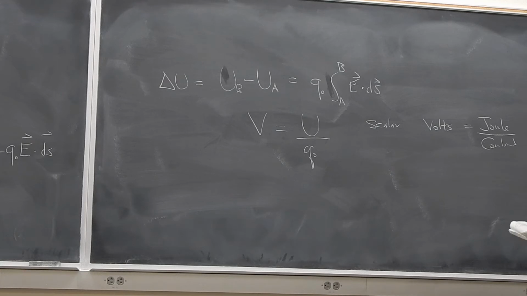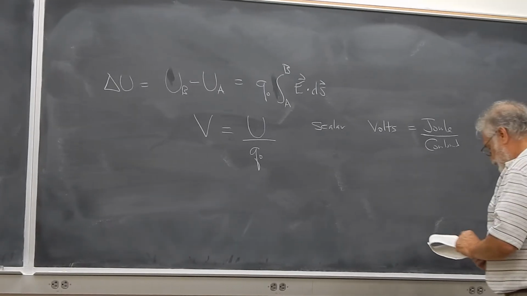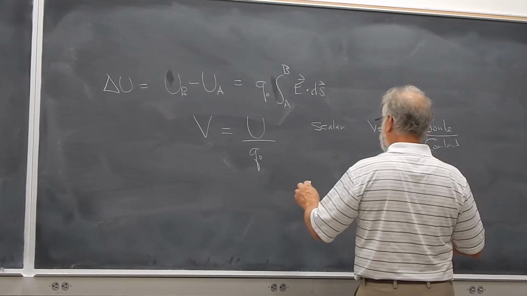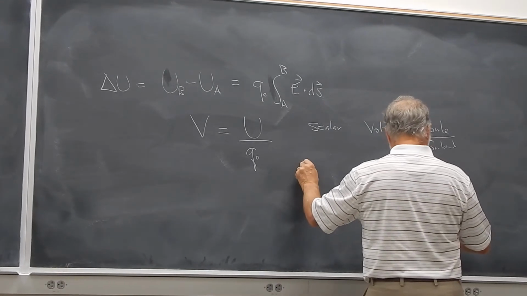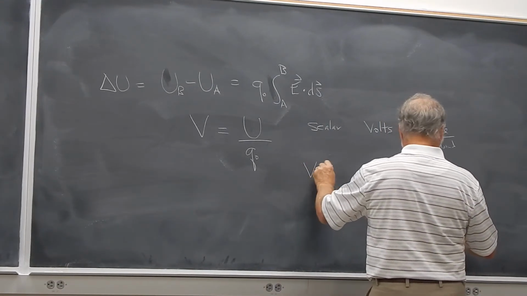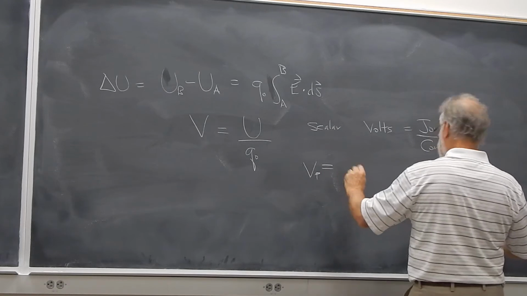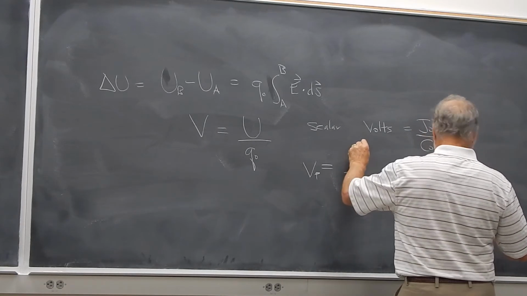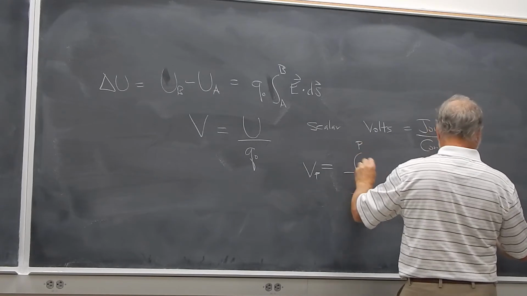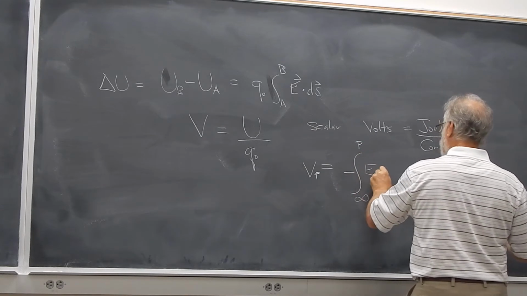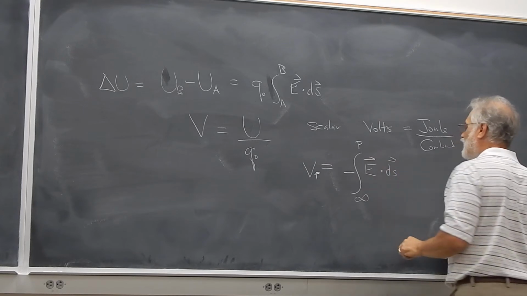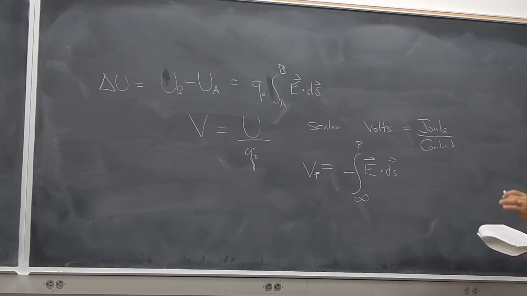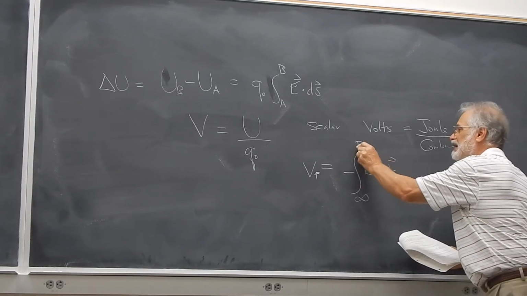Generally, we measure a potential relative to ground, where we define the potential as 0. So one way to think about it is to say the electric potential at a point P can be written as the negative integral from infinity to point P of E dot ds. This is the work required to bring a charge in from infinity and place it at point P.